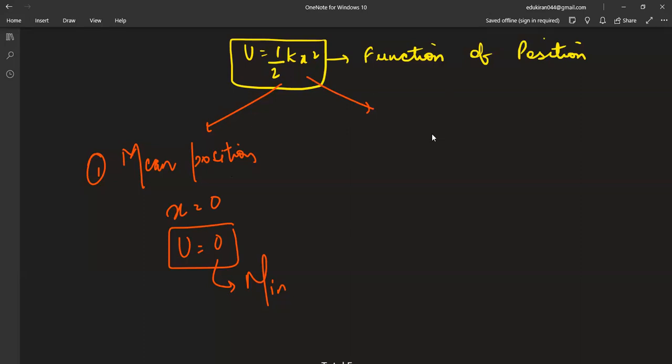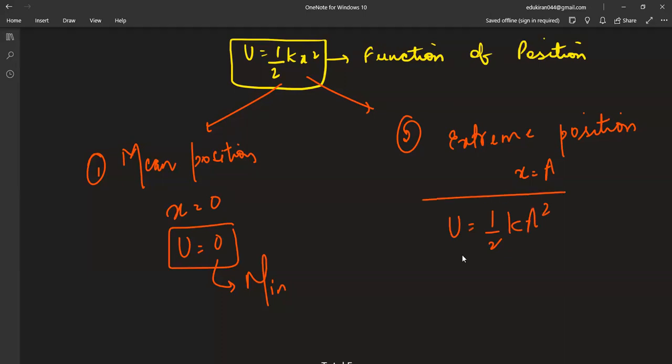But secondly, when we are talking about extreme position, x will be equal to a. So u will be equal to half k a square. This is taken as the maximum value. Also, you know omega square is equal to k by m.